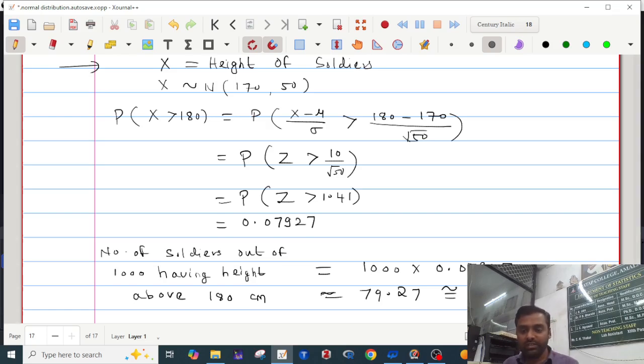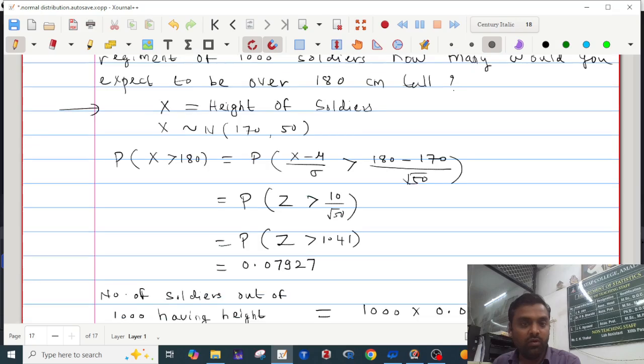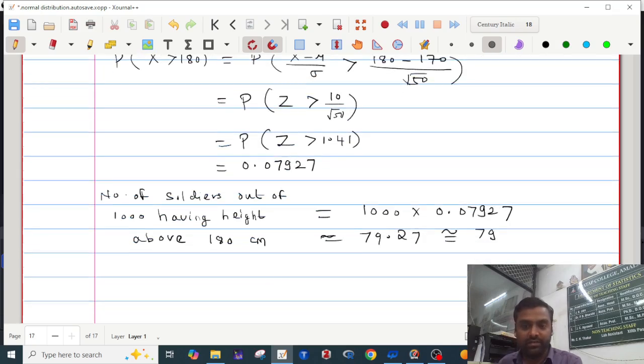So out of 1000 there are 79 soldiers whose height is above 180.